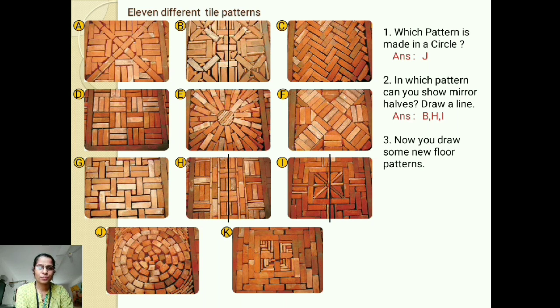Okay, so the two concepts which we have covered in this session are shapes and symmetry, that is mirror halves, line of symmetry. Now for all these concepts I will also be attaching a video where you can see simple brick patterns. You can see that video also and clear your doubts about where those brick patterns are used in our day-to-day life.